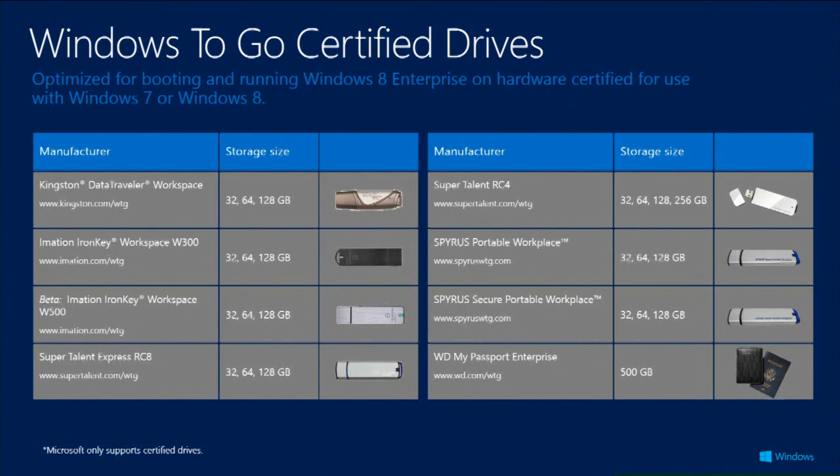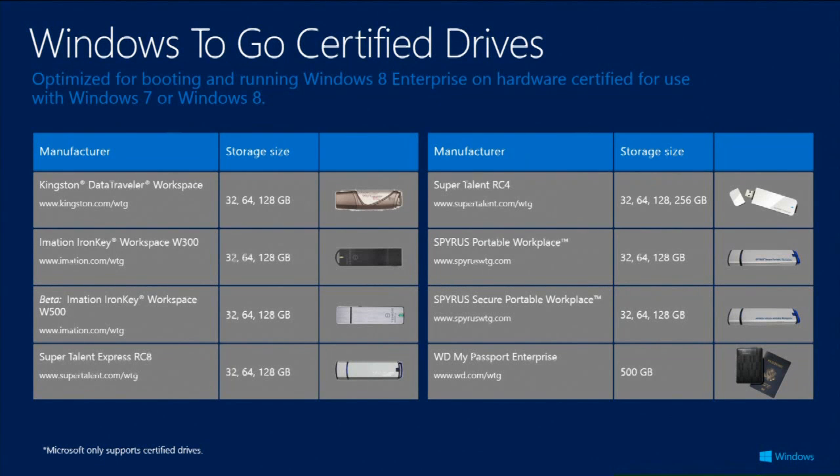IronKey, who I mentioned is here, and Spyrus have drives that provide some additional functionality, such as device encryption or remote kill capabilities that we don't provide internally through Microsoft. So a little bit of variety there. There are quite a few other vendors that are interested in submitting performance data for these drives to try to get more certified drives as well.